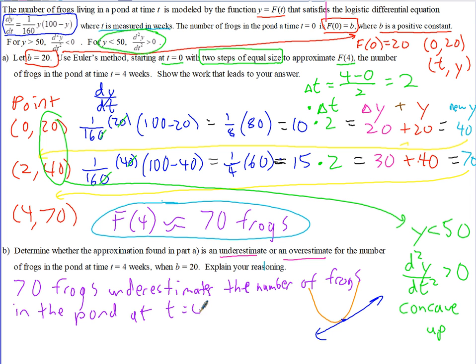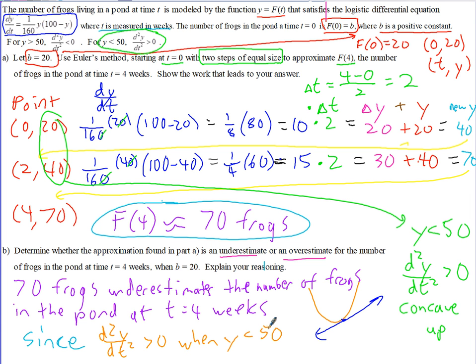And your justification would just be since our second derivative, d squared y dt squared, is greater than 0. And then you want to specify that it's not always greater than 0, in this case when y is less than 50.